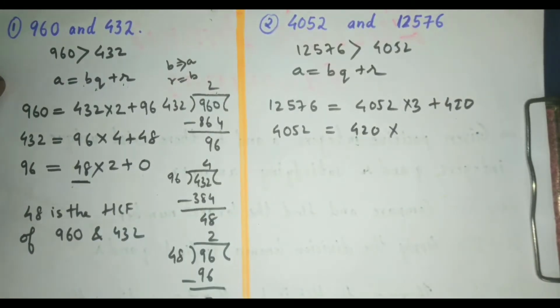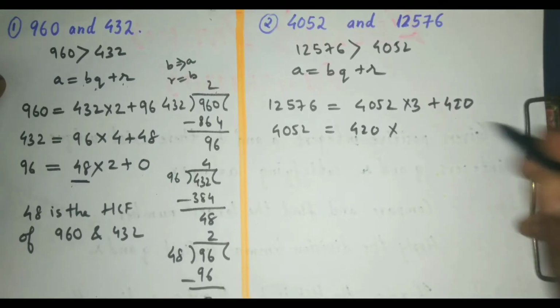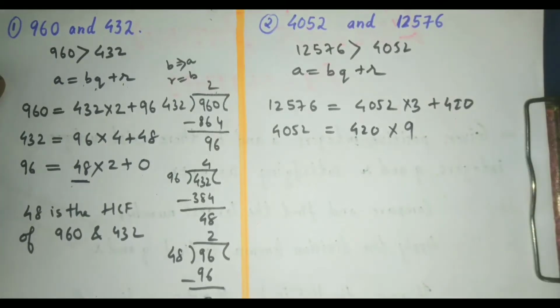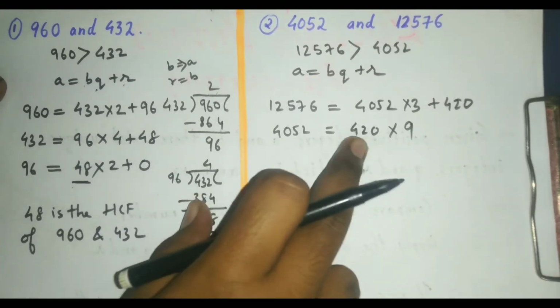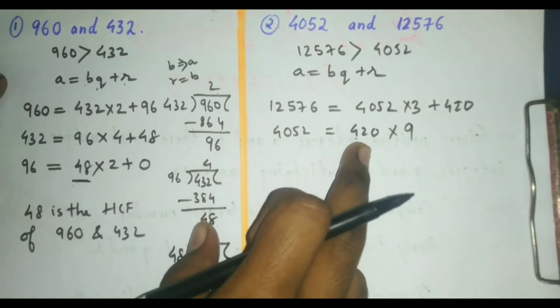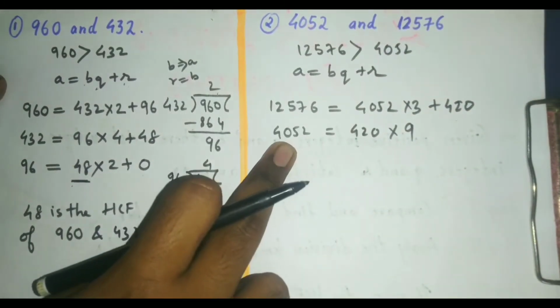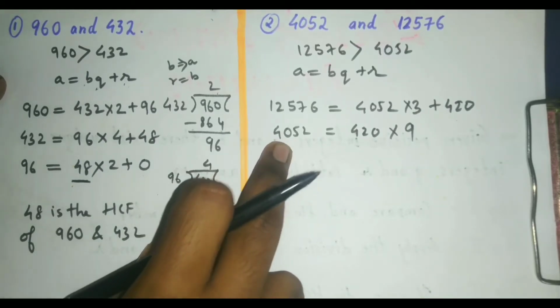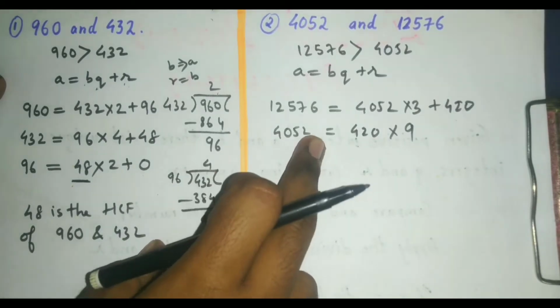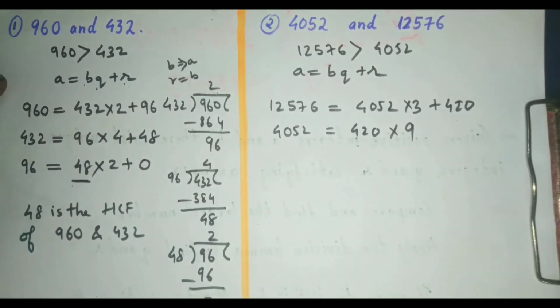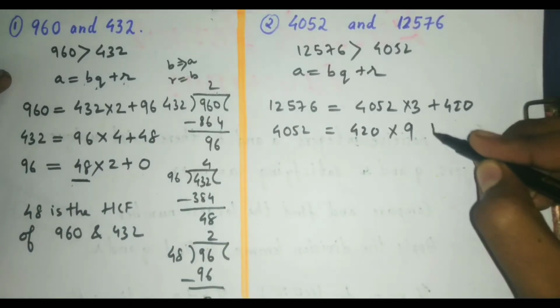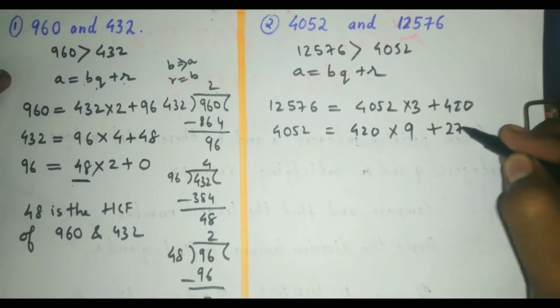So 420 will multiply with what? 9. Basically I am just rounding off this number. 420 we can say is 400. 400 into 10 we cannot do because this is 4052. So basically you are doing 9. And again you have to find the remainder, that is 272.